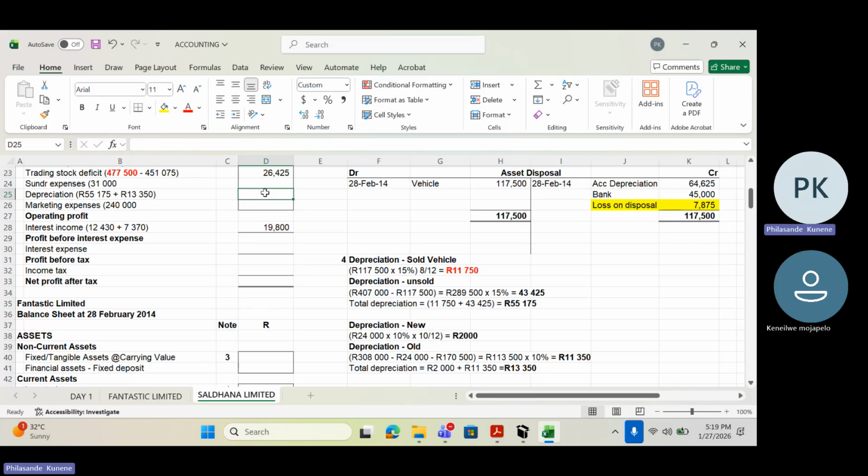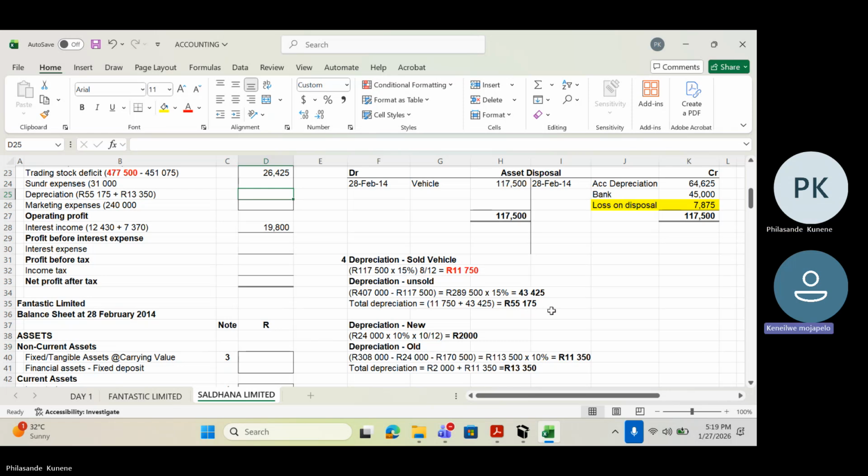That is the total depreciation. Let me double check. I didn't put the other total down.